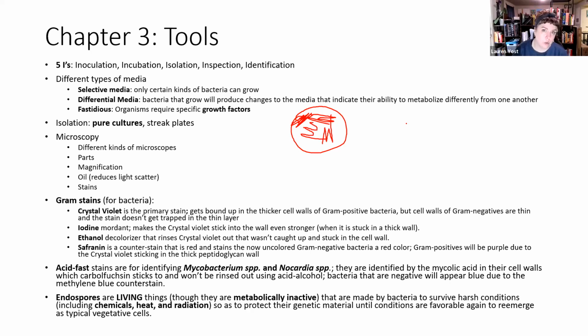All right, another tool that we use in microbiology to study microorganisms is the microscope. You will be very familiar with your good old microscope by the end of the course. In microscopy, you'll want to know the different kinds of microscopes: the light microscopes like we use in our lab, and the electron microscopes that literally shoot electrons at things and then create images based on bounce back, essentially. We don't use those in our lab.